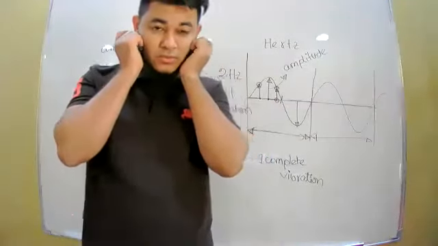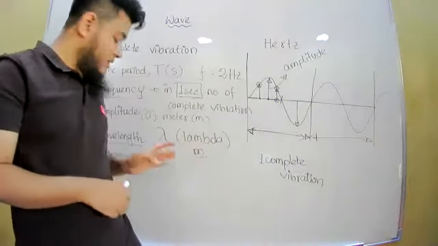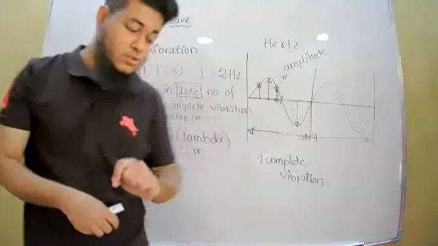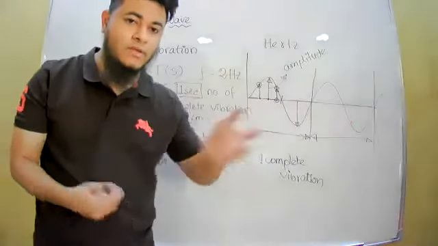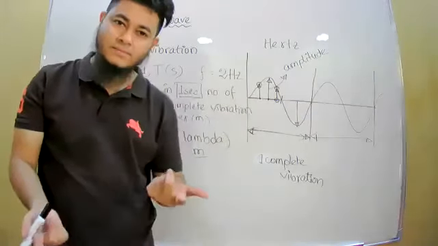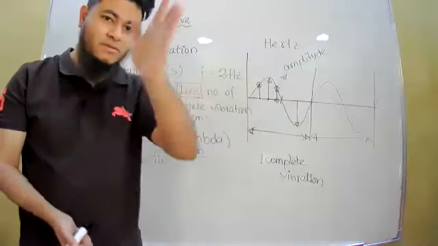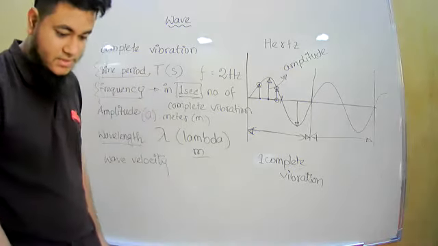So that is why we can say distance covered in unit time, or distance by time. So wave velocity means the distance covered by the wave in unit time. Clear? Distance by time. Velocity will be the distance covered by the wave divided by time. Simple. It is nothing new.